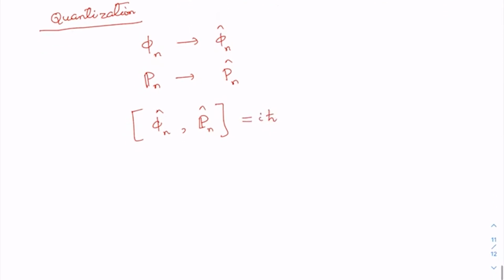More generally, we can write [φ_n, P_n'] = iħ δ_{nn'}.